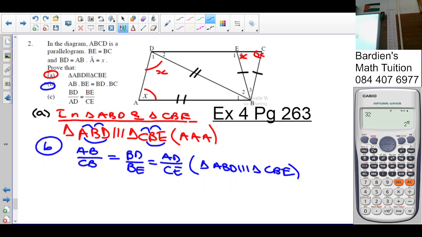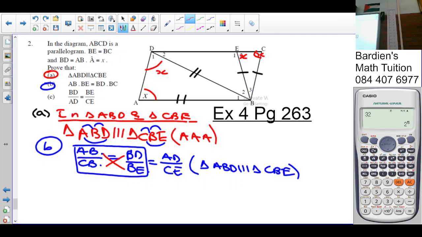Okay. But what do they want? They want AB, AB is there, BE is there. So it's going to be this that I'm going to work with. Here already I got two ratios. If I look at BD, yes, and BC, yes. Can you see that, people? So what do we do here?